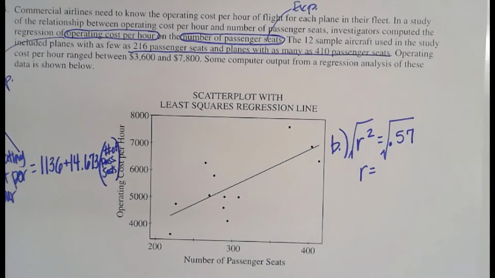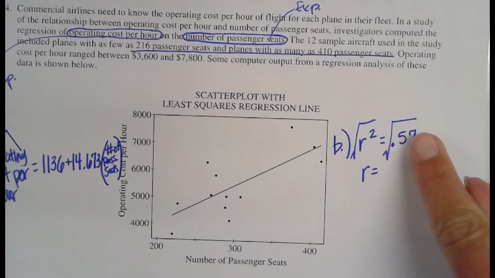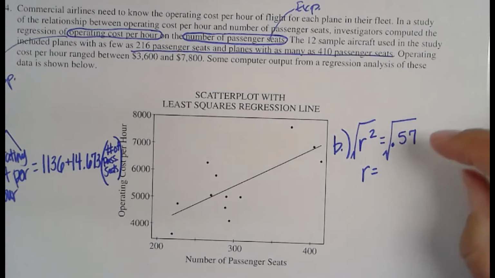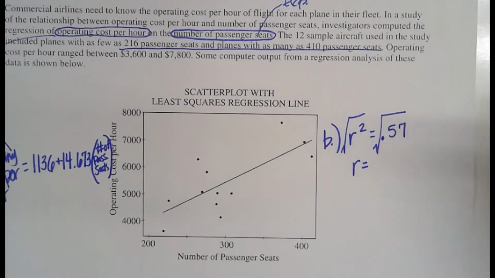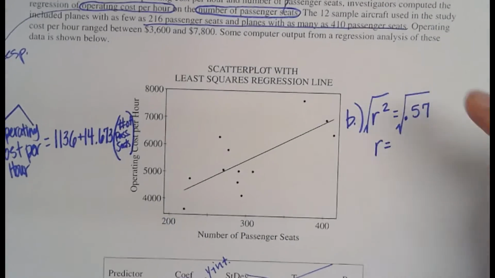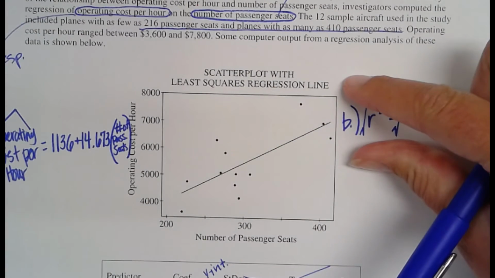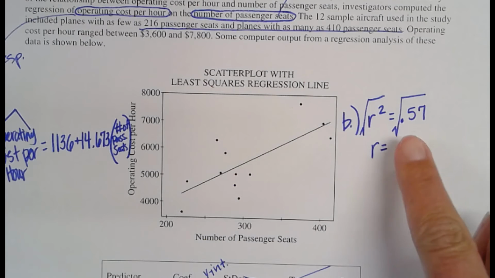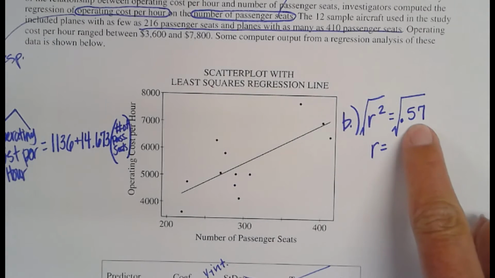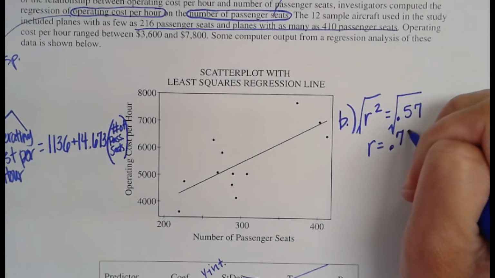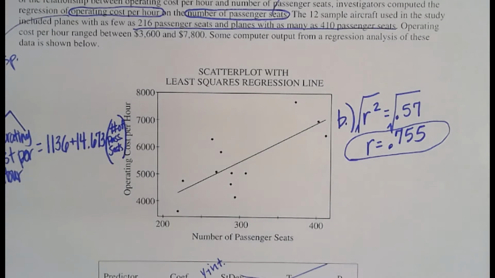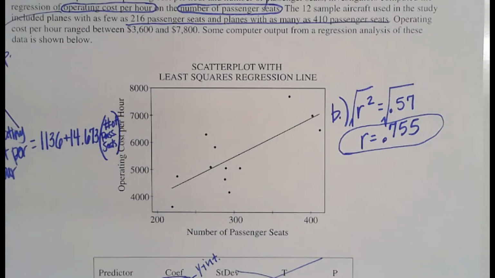Pay attention: if this was a negative correlation, your r would be negative, because remember plus or minus in algebra. This is obviously a positive correlation, but if it was negative, you would need to make sure you put r as negative, and a lot of times you'd forget to do that. The square root of 0.57 is 0.755, so that is your r. If it was a negative correlation, you would put negative 0.755.